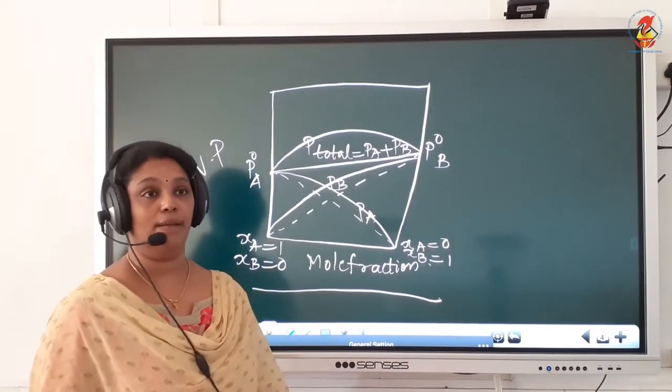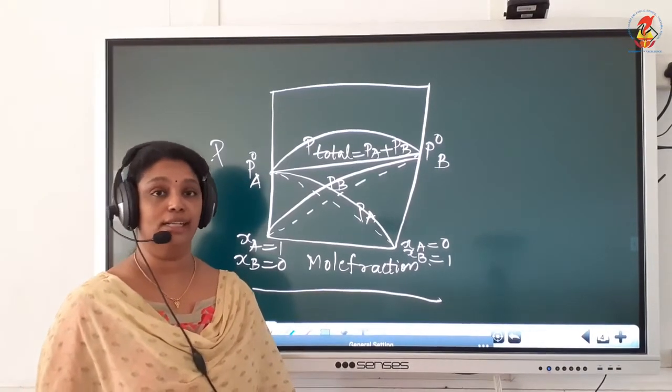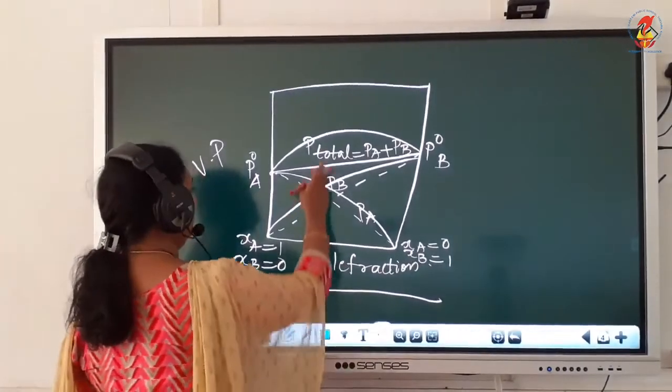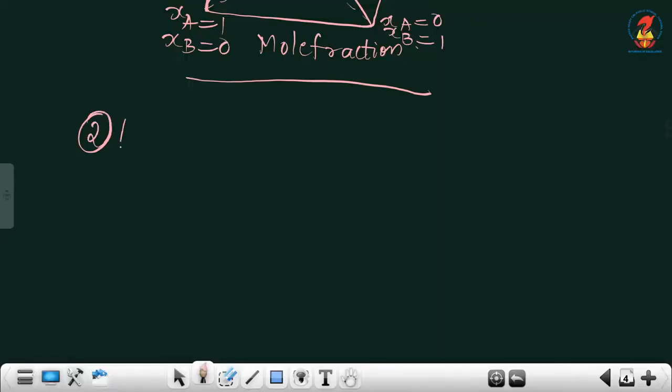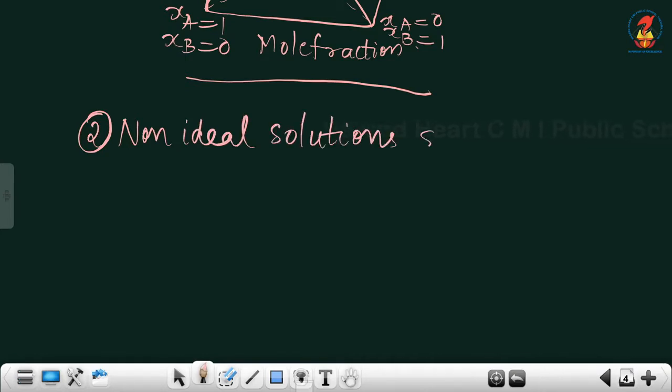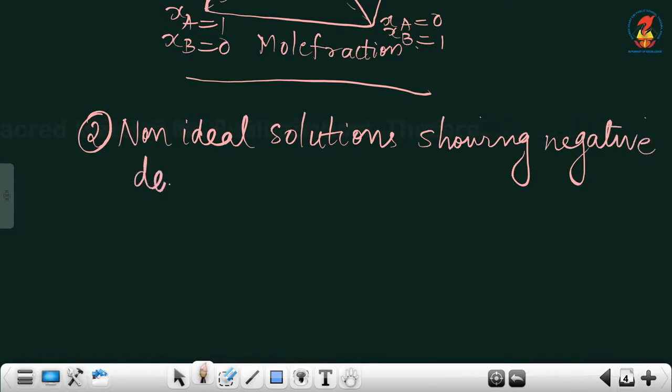Now let us discuss the second type of non-ideal solutions, that is, non-ideal solutions showing negative deviation from Raoult's law.